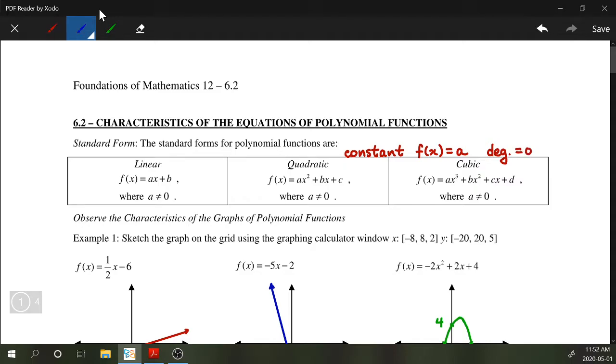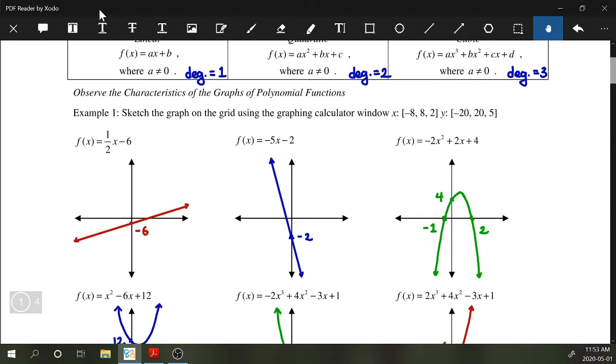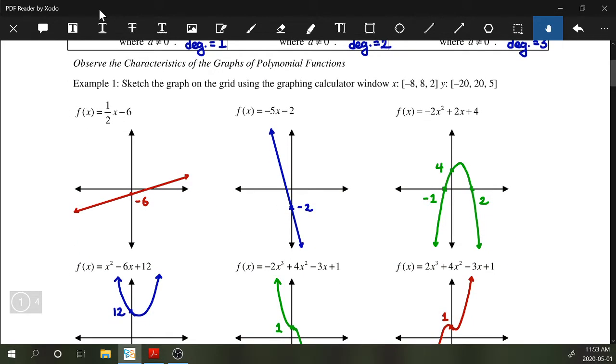Linear functions are of degree 1, quadratic functions of degree 2, and cubic functions are of degree 3. Again, we will be quite familiar with the linear and quadratic functions already. Cubic functions are new.